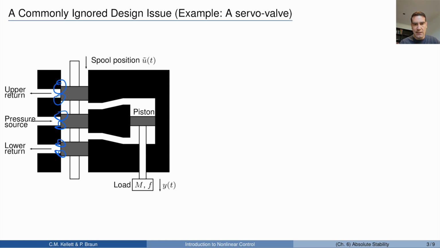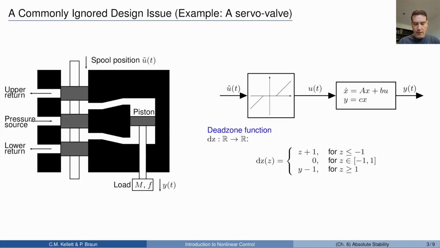And that's not a design flaw, that is intentionally built so that it's not losing pressure through wear and tear. So this is actually by design. We would like to have this overlap, but that also implies that small inputs U don't lead to a change in the output.